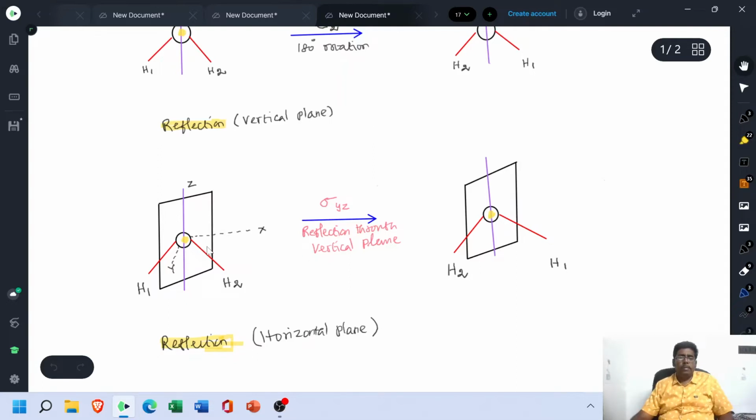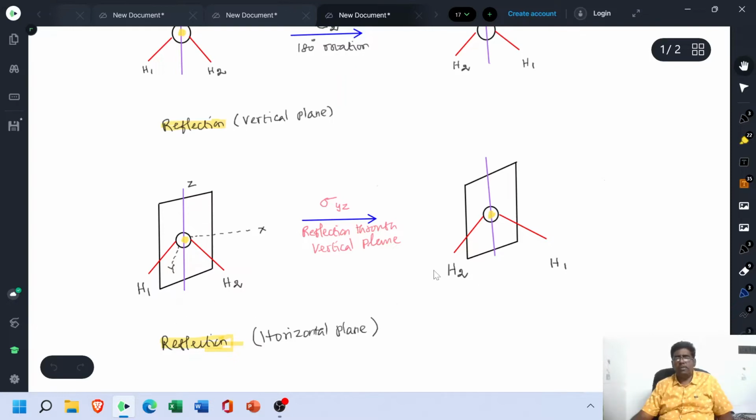Here, the reflection is performed through this YZ plane. This is the Z axis, this is Y. The vertical plane is constructed with the help of the axes Y and Z. After completion of this reflection process, the two hydrogen atoms interchange their positions.